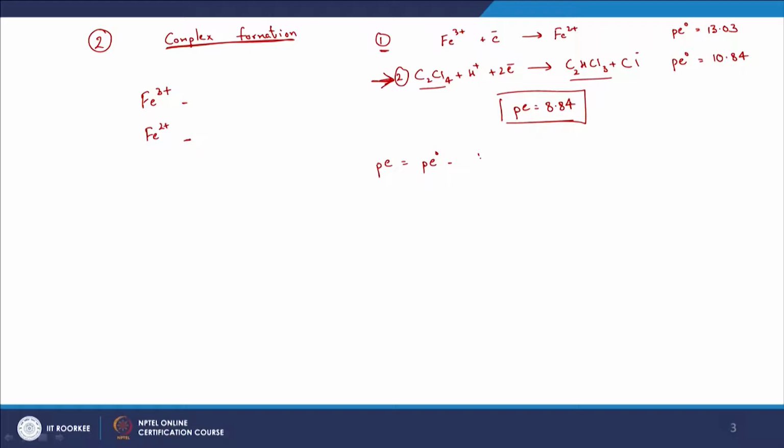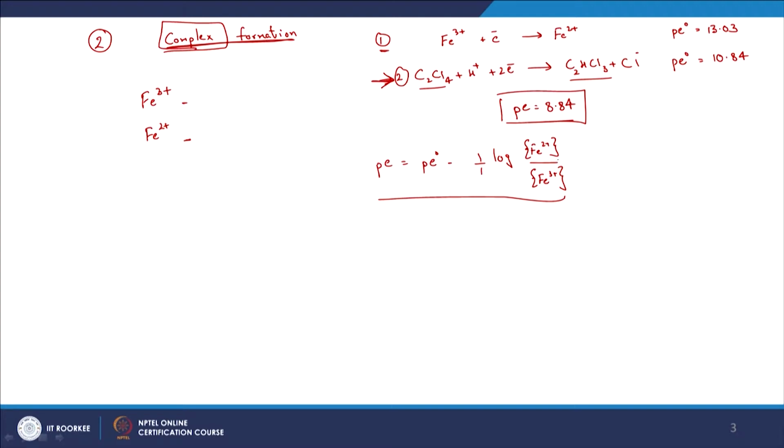So obviously this will lead to a change in the variables in this equation, right. pe equal to pe naught minus 1 by n, which is 1 electron transfer here, log activity of Fe2+ by Fe3+, right. So this is the equation for which we are going to recalculate the relevant numbers, considering that we have complexes being formed.